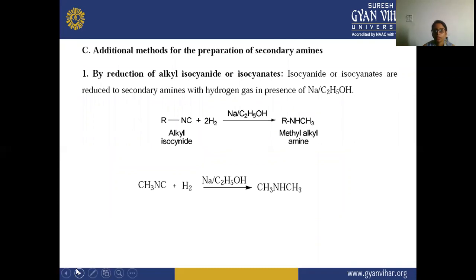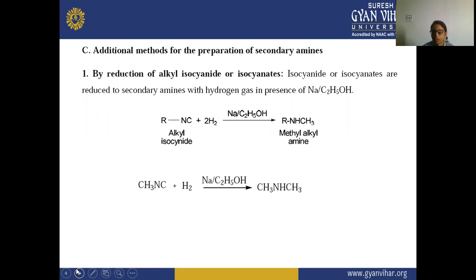Additional methods for the preparation of secondary amine. The additional method that is used for the preparation of your secondary amine is by the reduction of alkyl isocyanide or the isocyanide. So from the reduction that is happening in this isocyanide, the secondary amines are formed here.